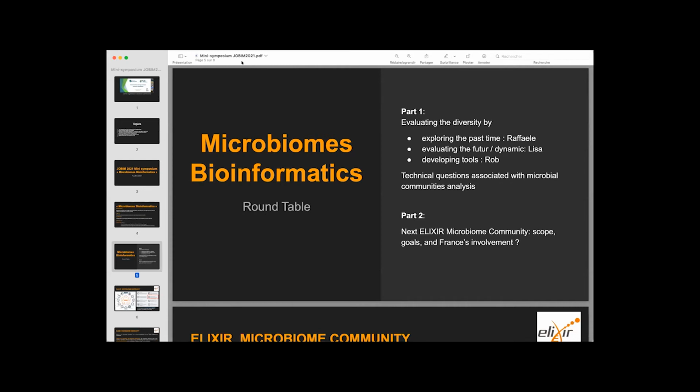Sure. I think one of the key points is that for the last three, four, maybe five years, we're moving from the barcodes or the gene-centric approaches to the organisms. So the MAGs are, of course, the obvious point there, but this gives us access to the organismal level.